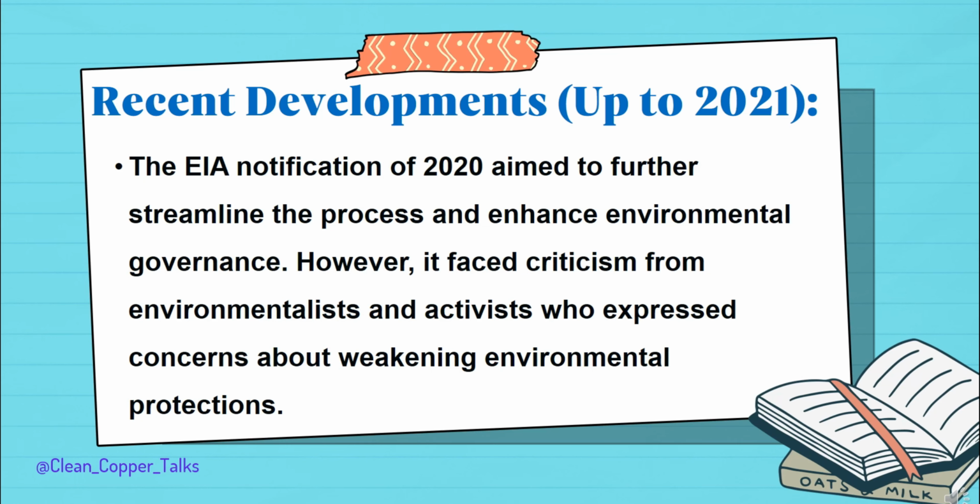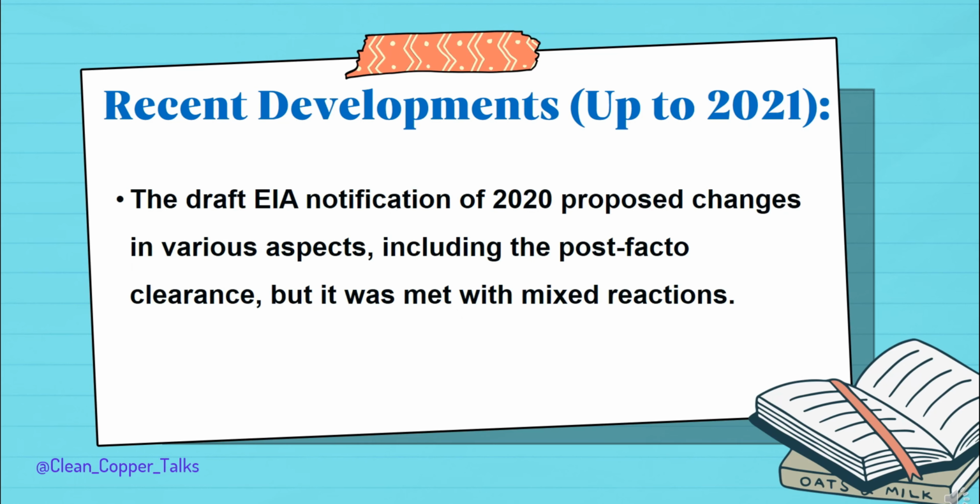We will see what happened in the draft EIA notification 2020 rules. The draft notification proposed changes in various aspects, including post facto clearance, but it was met with mixed reactions because there were many people who favored the draft notification. However, there were many more people who opposed the draft EIA 2020 notification.